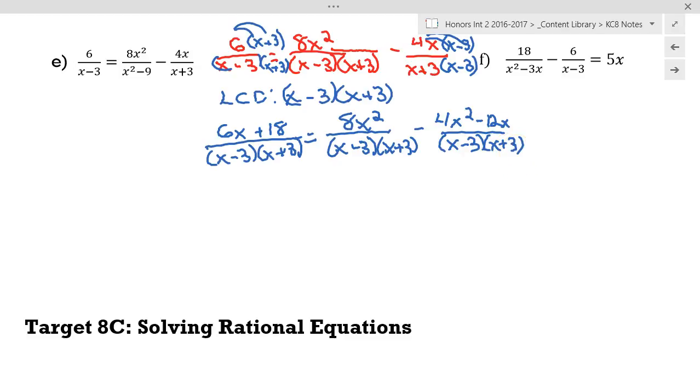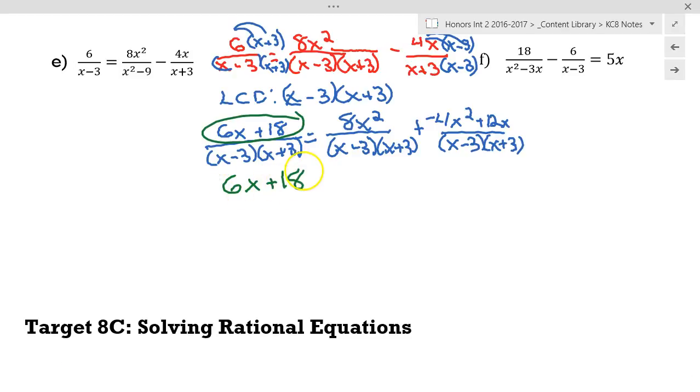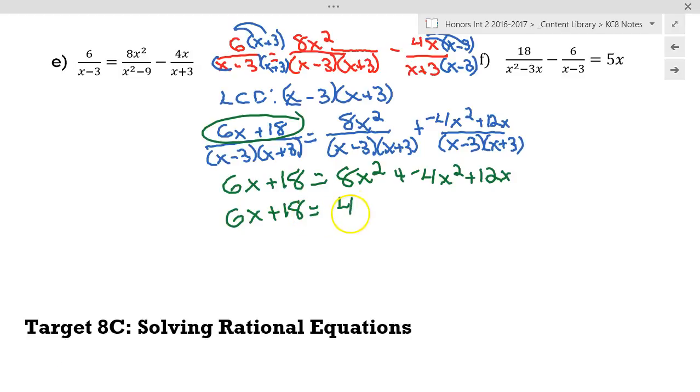Again, this is subtraction, so it's going to be plus, negative, and positive. So again, I'm just going to focus on my numerators. That's 6x plus 18 equals 8x squared plus negative 4x squared plus 12x. So, kind of simplifying, I have 6x plus 18 equals, this is really 4x squared plus 12x.